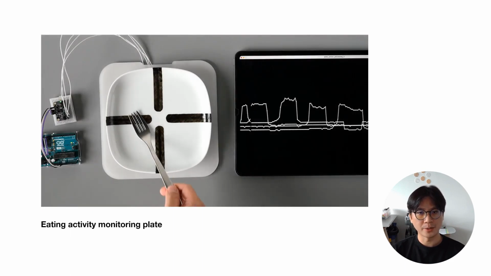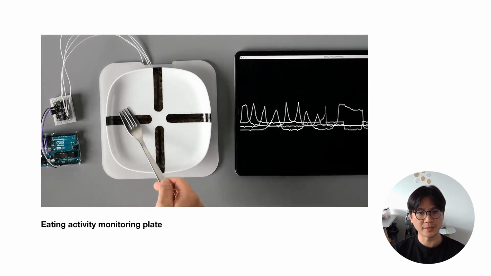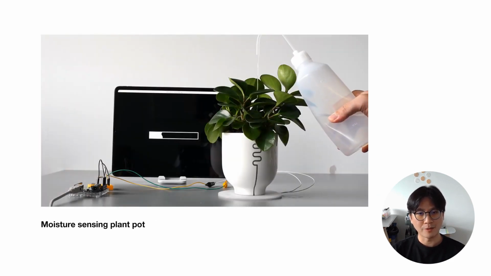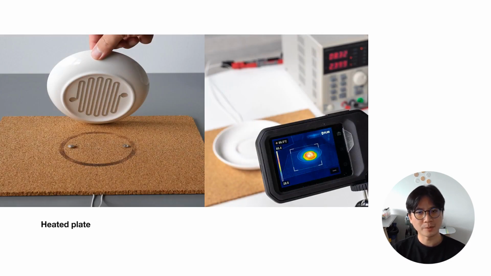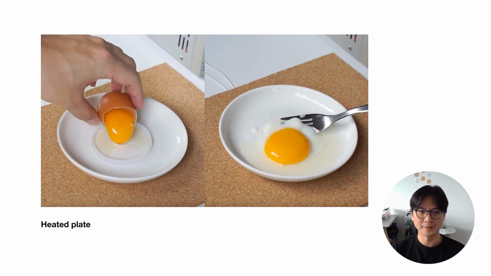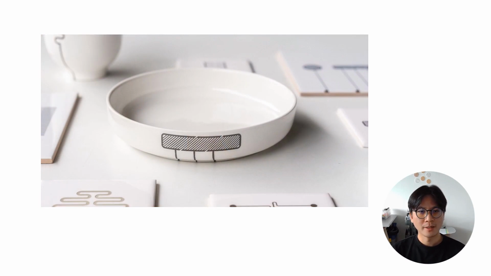Over here, for example, we have a plate that monitors the movement of metal utensils on its surface, while over here, we have a plant pot that is able to detect the soil's water level. Beyond sensing, we also explored incorporating a heating element on the base of a plate to keep food warm during a meal, or even cook food. So I hope this gives you an overall understanding of the circuit fabrication approach we developed and the interactive applications that we might build with it.